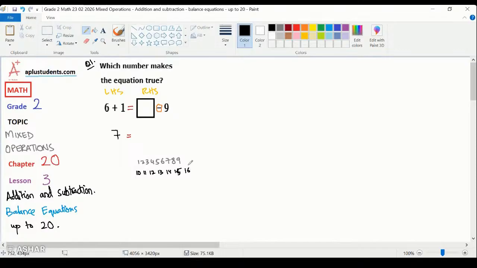That means 9 plus 7 numbers should be equal to 16, right? Because we need the 7 as the answer. So can we say 16 minus 9 would also be equal to 7?